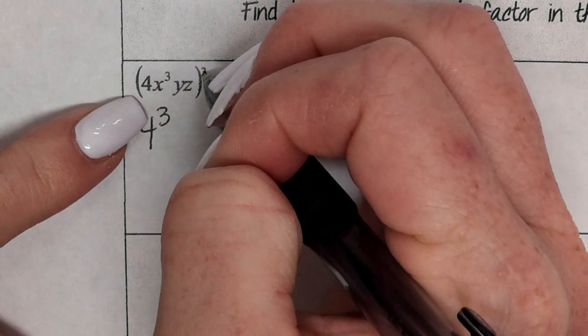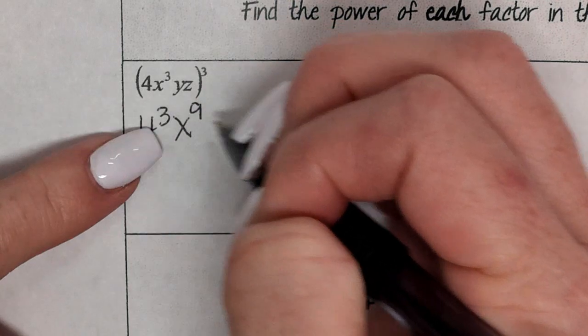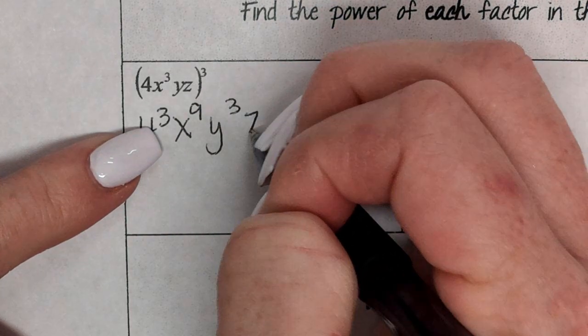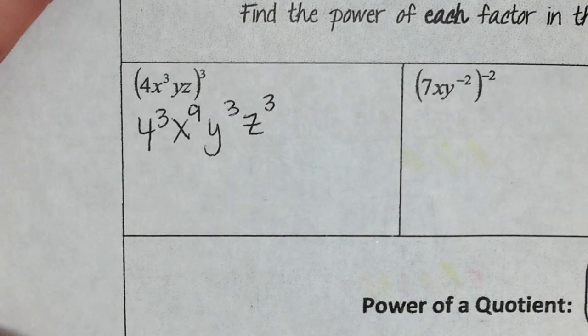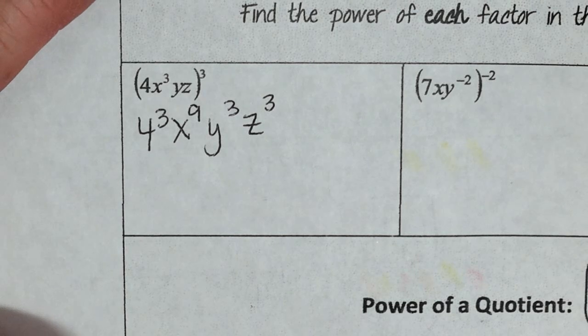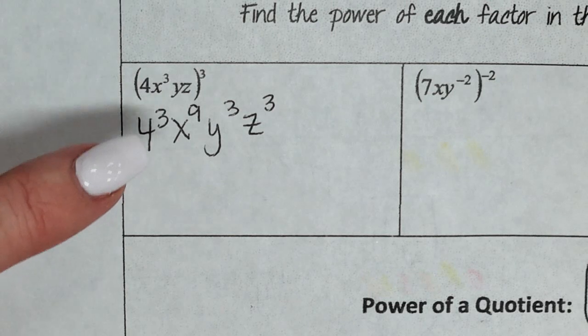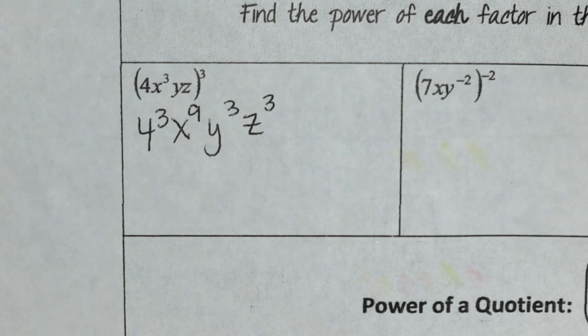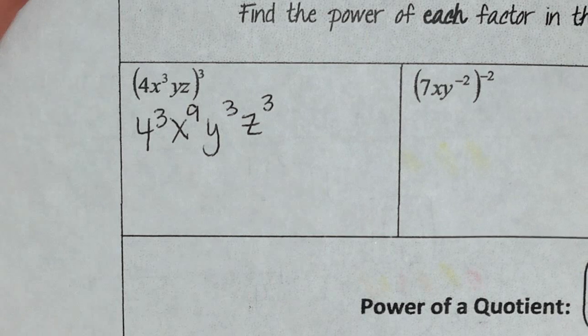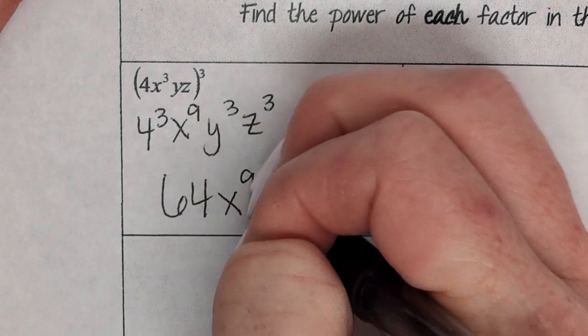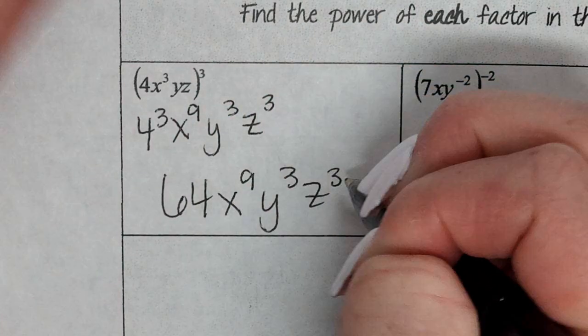So what's 3 times 3? 9. Y to the 3rd, z to the 3rd. Can anything else be combined? No, but can I expand 4 to the 3rd? Yes, 4 to the 3rd is 64. So 64, x to the 9th, y to the 3rd, z to the 3rd.